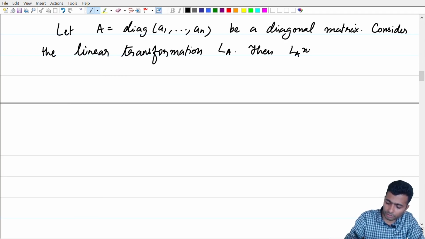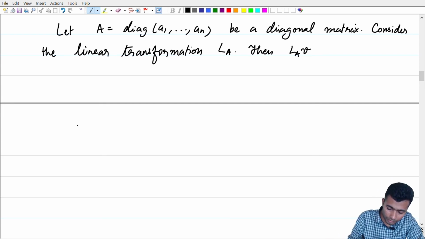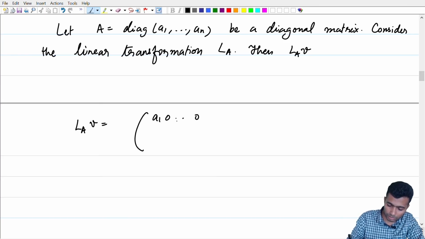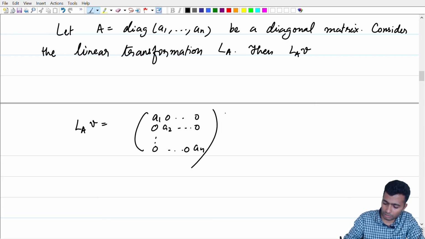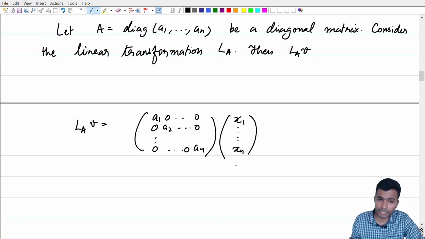LA of v, for some vector v in Rn, will just be equal to the matrix with a1, 0, up to 0, 0, a2, up to an, matrix multiplied to x1 to xn, where x1 to xn is the column vector corresponding to v with respect to the standard basis.